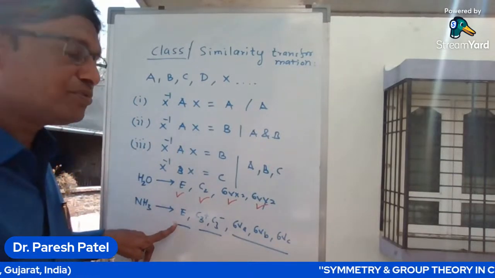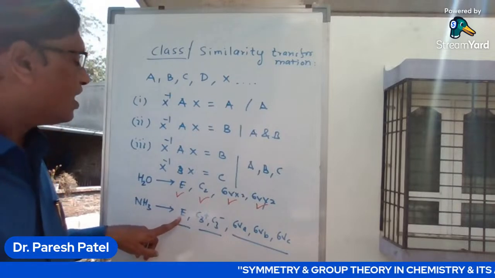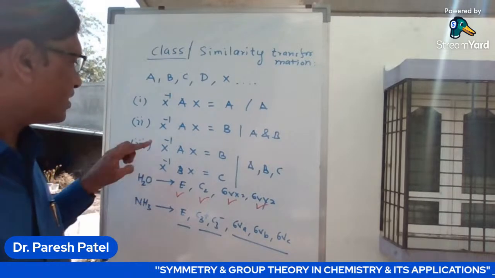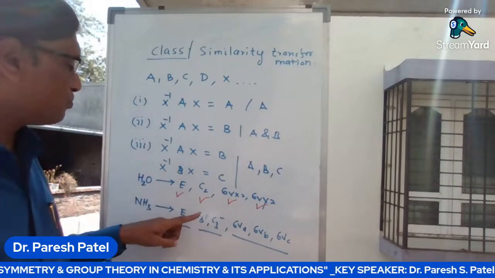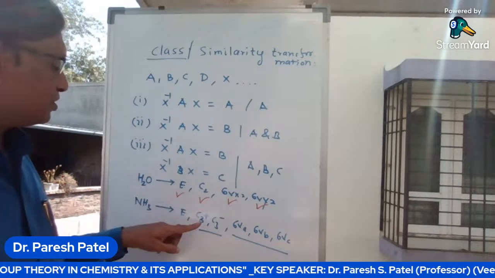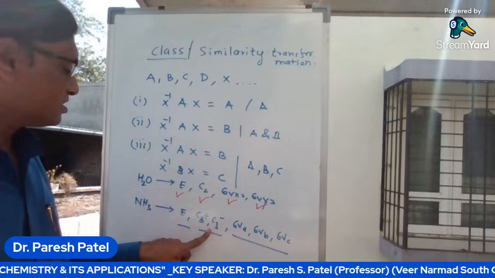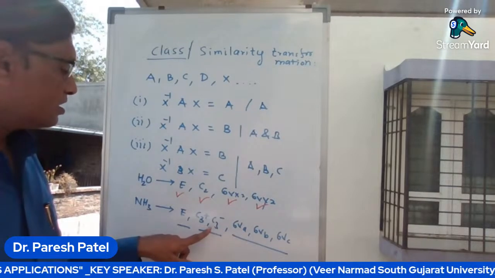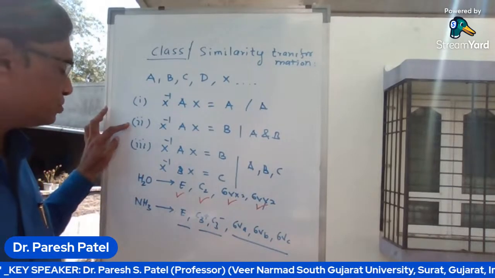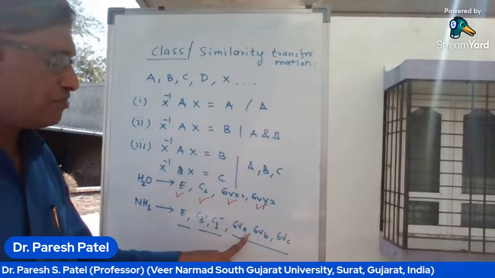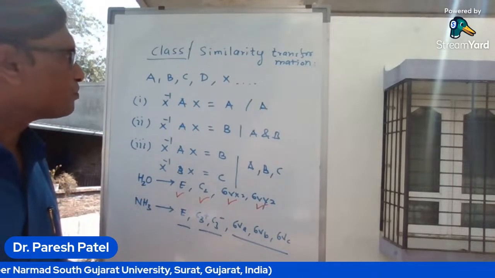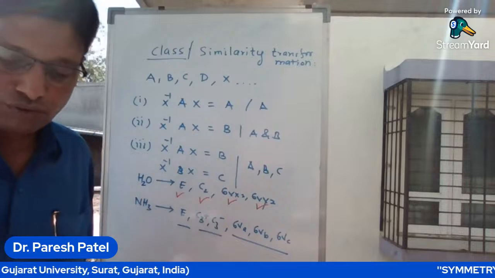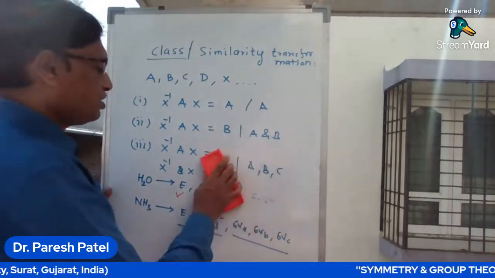And in case of the ammonia molecule, E can satisfy the condition number 1. C3 plus and C3 minus can satisfy the condition number 2, and sigma Va, sigma Vb, sigma Vc can satisfy the condition number 3.